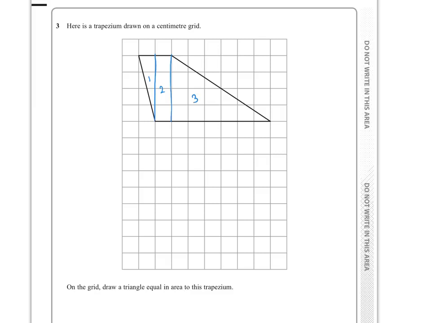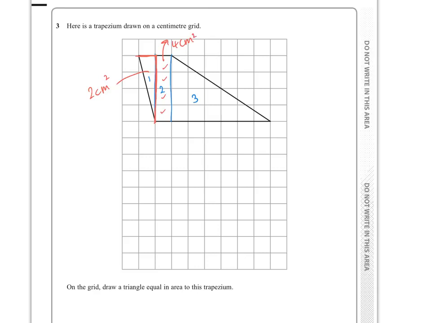So the first one is a triangle which is 1 by 4. So you can treat this like the base, that's 4, the height as 1. So what's the area? Well, it's 4 times 1 halved. So the area of that is going to be 2 centimetre squares. This one's easy, we can just count the squares. 1, 2, 3, 4.